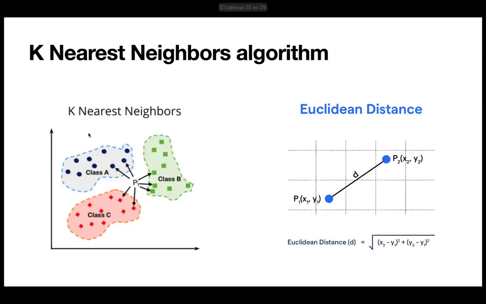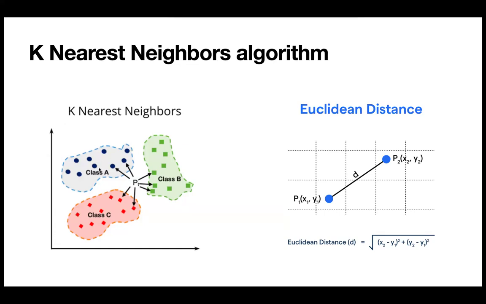So the KNN algorithm is the k nearest neighbors algorithm. If we have some pieces of data and we can make a scatter plot, like in the first task, that algorithm just splits our data into a few groups. So like in the picture, we have a parameter k here.